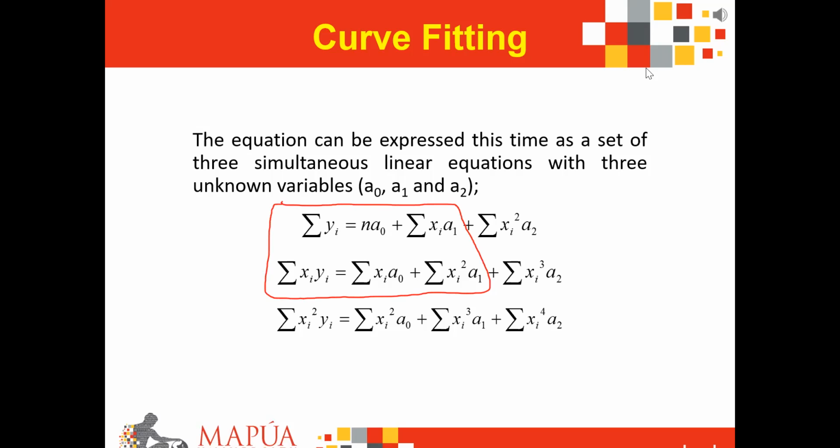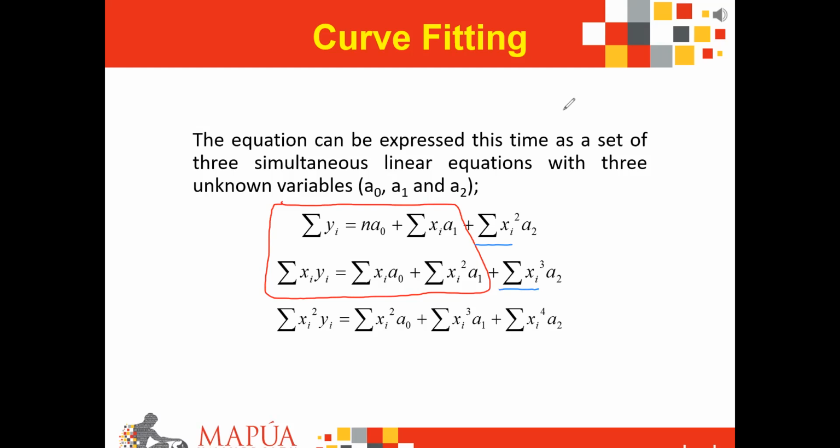In order to evaluate your quadratic regression from your linear regression equation, you simply add your coefficient for your variable a2, which in this case for the first equation is simply the summation of xi squared. And on your second equation, you again add another coefficient for your variable a2, which in this case is the summation of xi cubed.